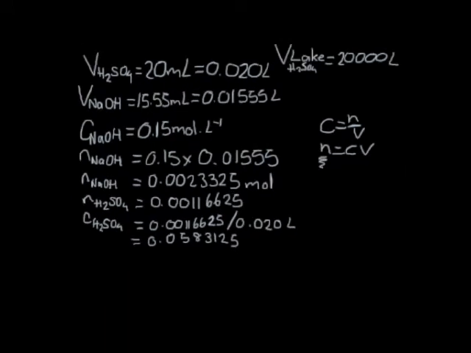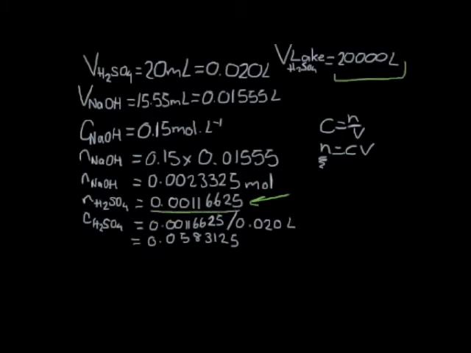Now the question's not finished, because what it actually asks is how much sodium hydroxide is it going to take to neutralise this? Now I know that the number of moles of H2SO4 in 20 mils was this.